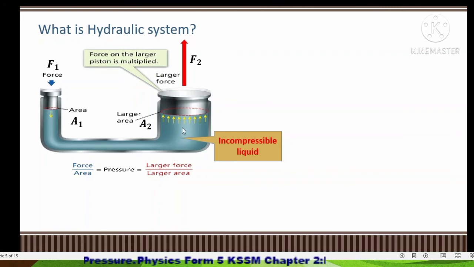Let's look at the properties of the liquid used in the hydraulic system. Here the liquid is an incompressible liquid, meaning the volume is constant. It cannot be compressed.